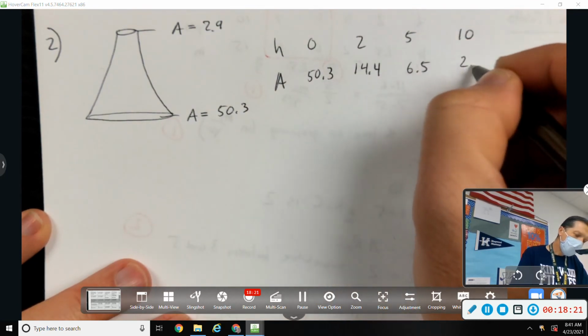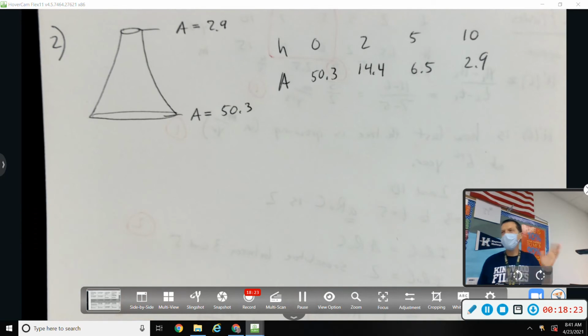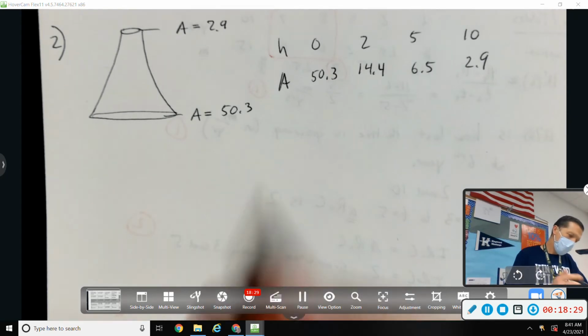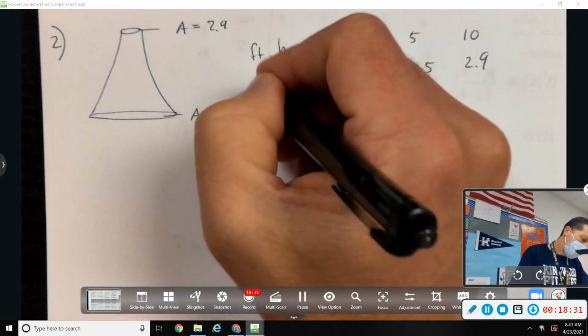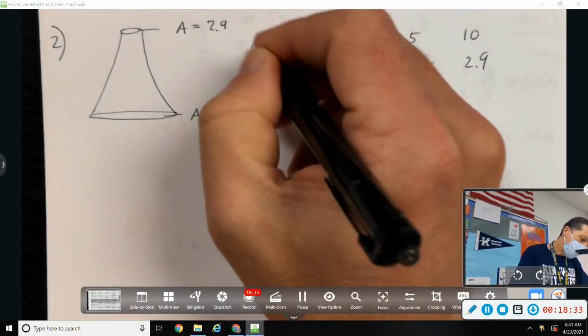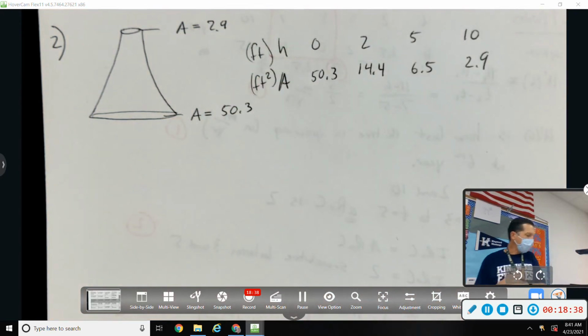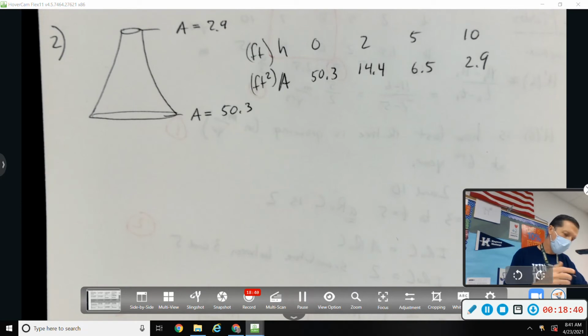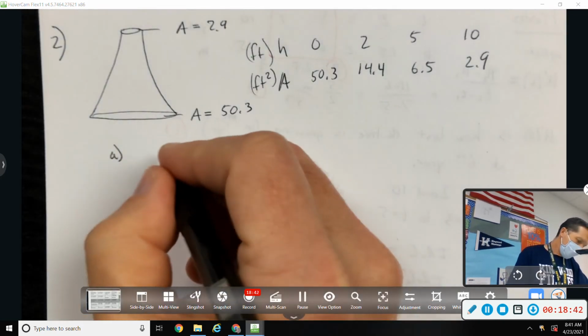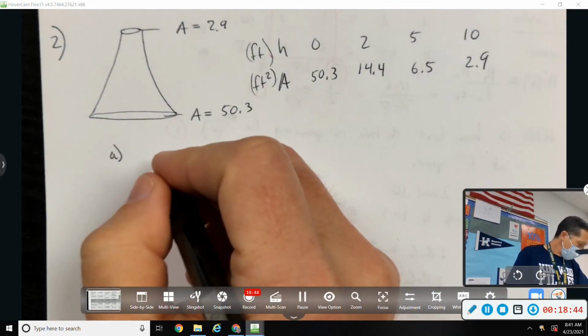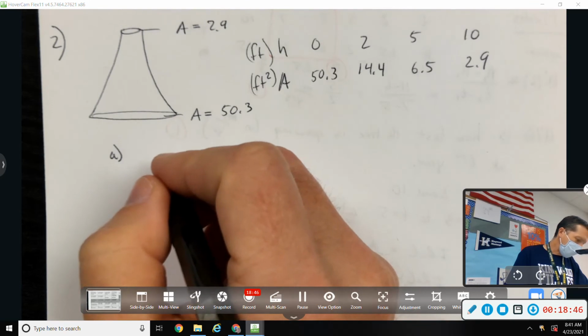And as soon as I see a table, I'm guessing some kind of Riemann sum is coming. Left, right, midpoint, trapezoid, something's coming. Use a left Riemann sum with 3 subintervals to approximate the volume of the tank.